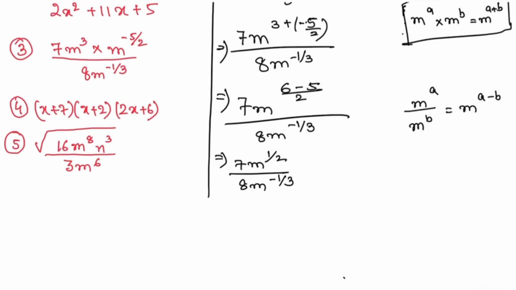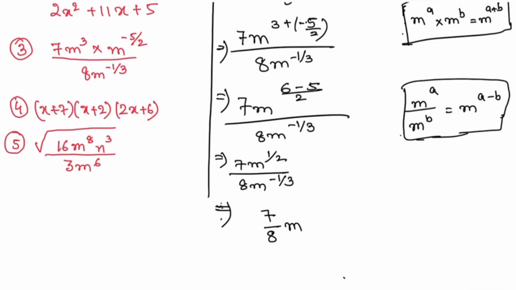This is also one of the formulas, so we'll be applying it over here. So we'll write 7 over 8, m to the power 1 over 2 minus 1 over 3.